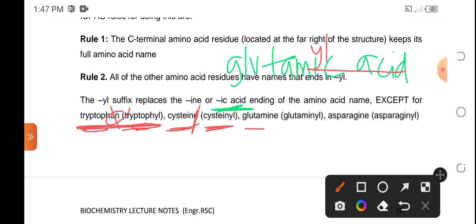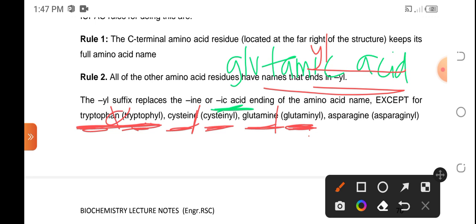Okay? Then glutamine, hindi kasi natin siya pwedeng i-drop ng INE kasi magiging parehas sila ni glutamic acid kung magkataon. Okay? So ang exception si glutamine, ang idadrop lang natin ay yung E, katulad ni cysteine, such that glutamine would be named as glutaminyl, just to make distinction between glutamic acid. Okay?